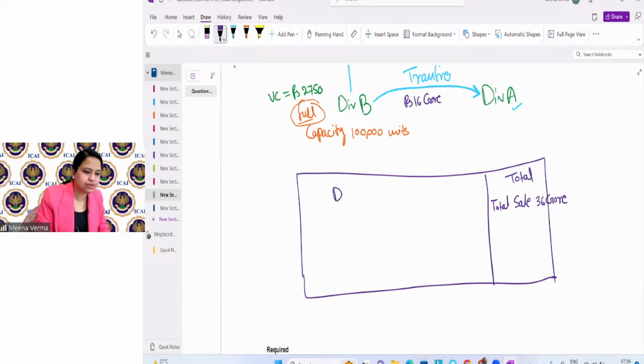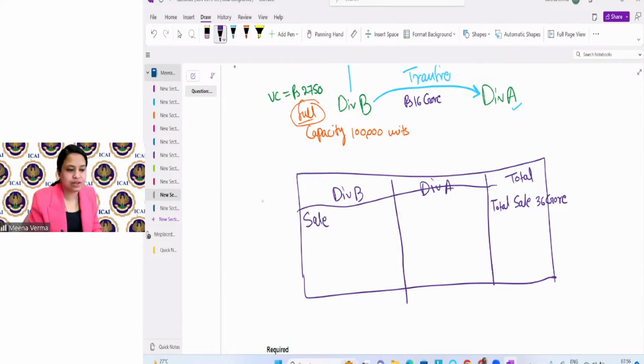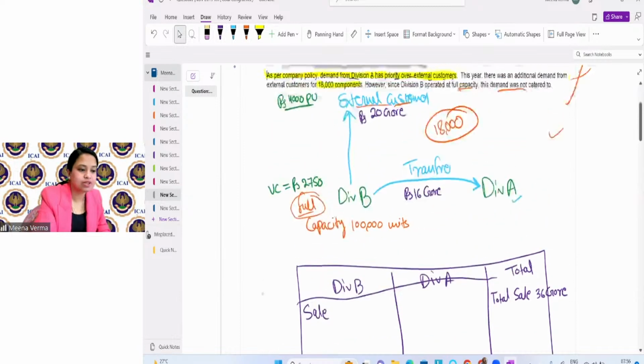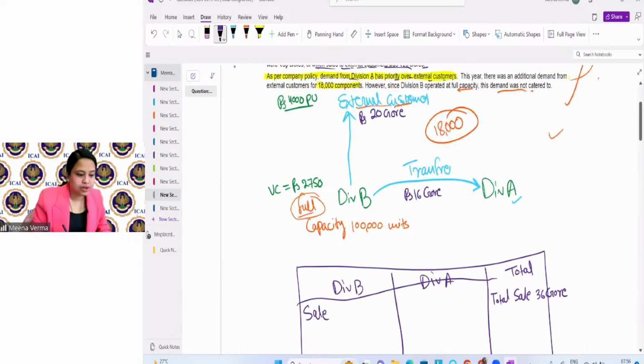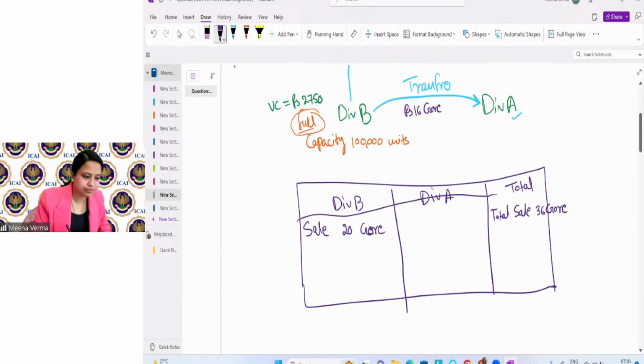And we have division B and division A. Now you can see the sale of division B is given here. External sale is 20 crore. And the internal sale is 16 crore, right?